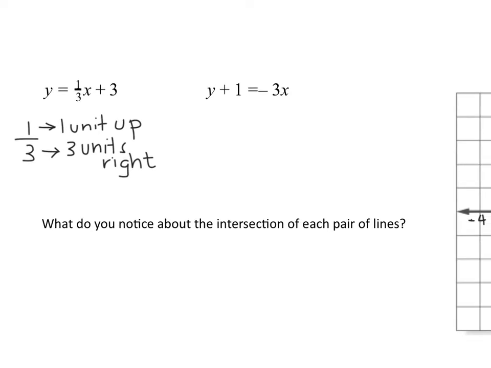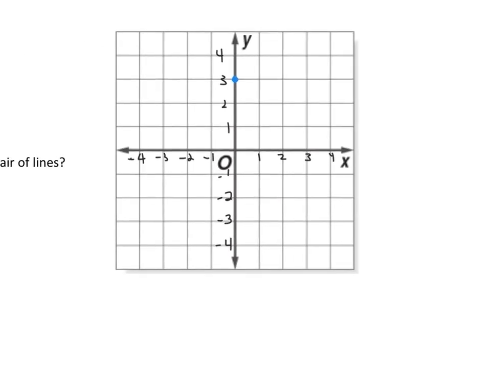So let's go over to our grid. I've already gone ahead and filled in my scale for my x and y axes, and I've also placed a point on my y-intercept, which was a value of positive 3. So now from this point, I'm going to map out the remaining points for my line following those directions that we just identified.